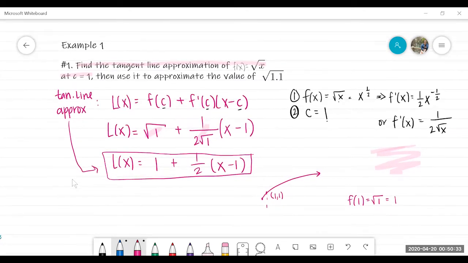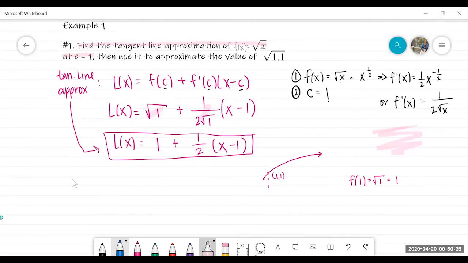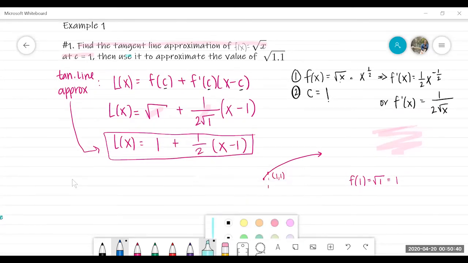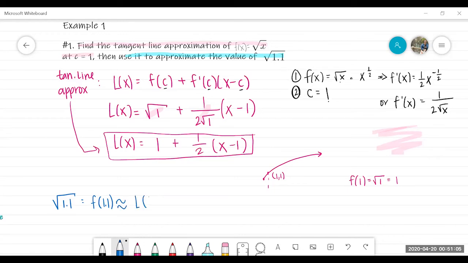Now what we want to do is use it to approximate the value of the square root of 1.1. Okay, so this is a second set of questions, or kind of like a part B, if you will. So now that we have this equation, we say the square root of 1.1, which would be comparable to f of 1.1, right, is approximately, not exactly the same, but approximately L of 1.1.